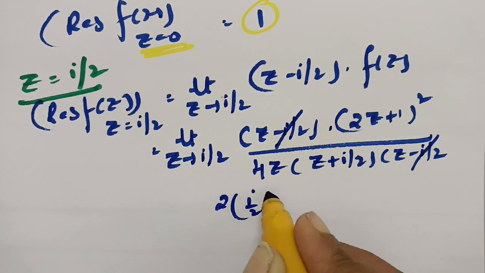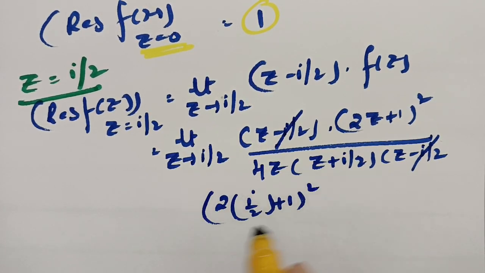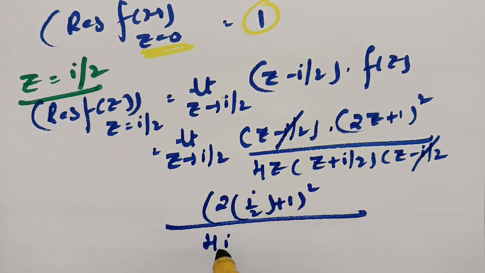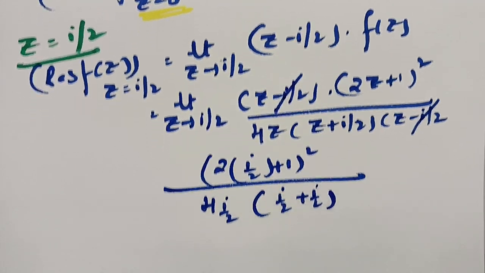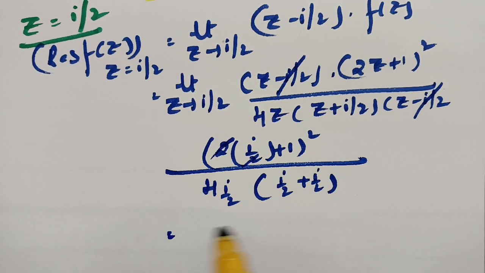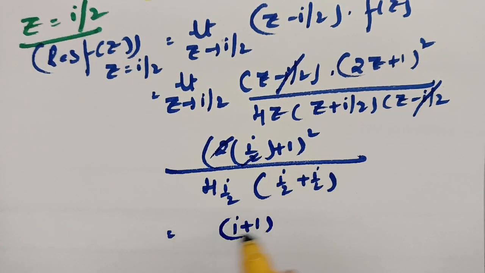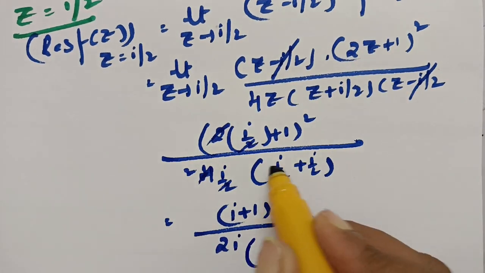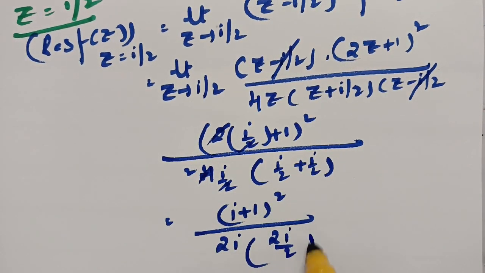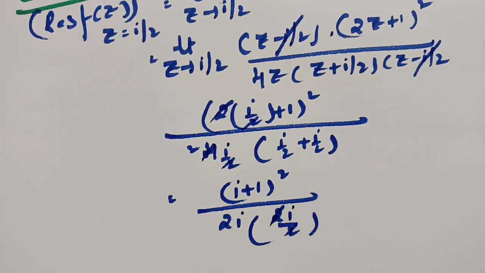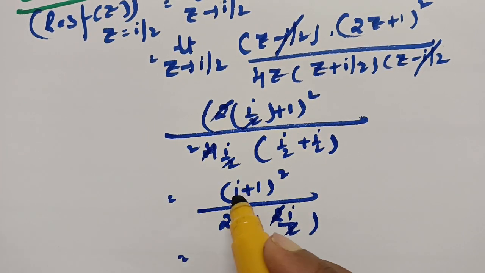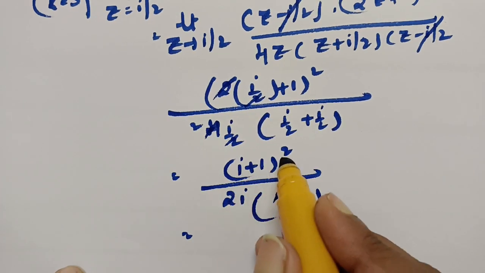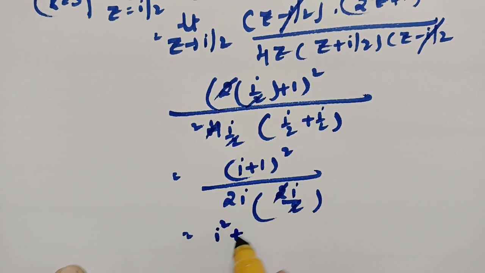So this is (i by 2 times 2 plus 1)... that is, (i plus 1) whole square by 4 into i by 2 into (i by 2 plus i by 2). After cancelling, this will be (i plus 1) whole square by 2i into i. This can be written as (a plus b) whole square, which is a square plus b square plus 2ab.